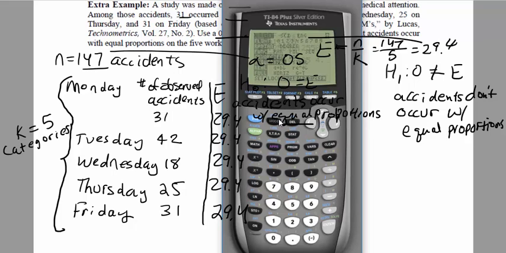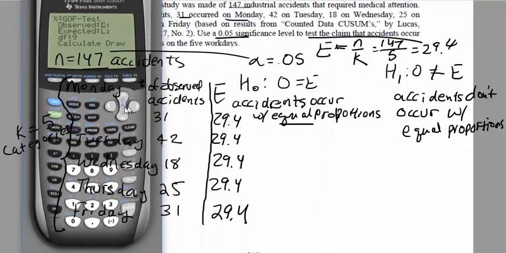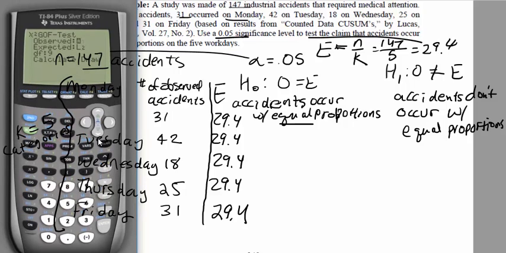Then go to stat, then test, and chi-squared GOF test, and hit enter. And remember, the degrees of freedom are k minus 1, and k was actually 5, so this will be 4.